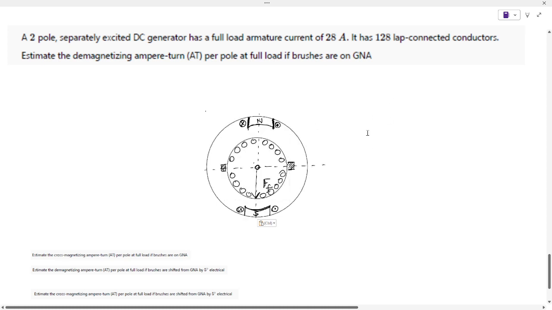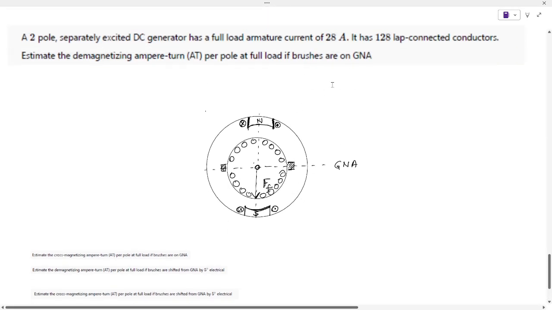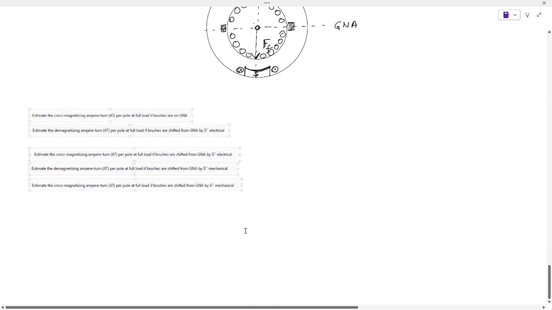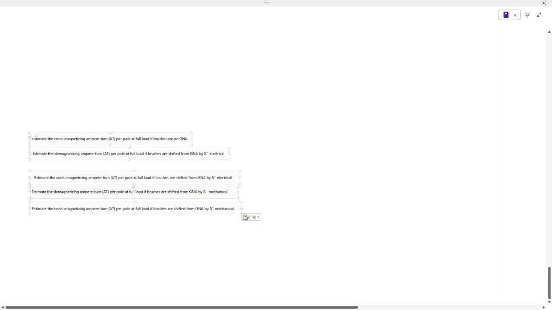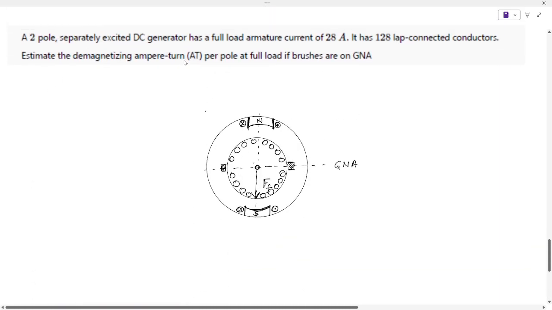This is a two-pole machine. The brushes are on GNA. Okay.